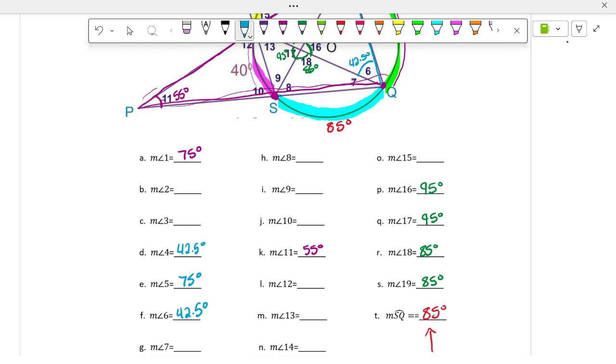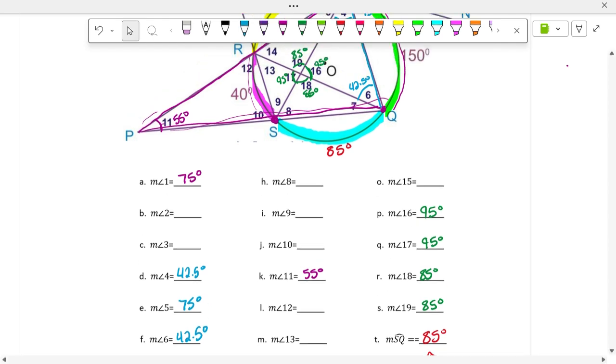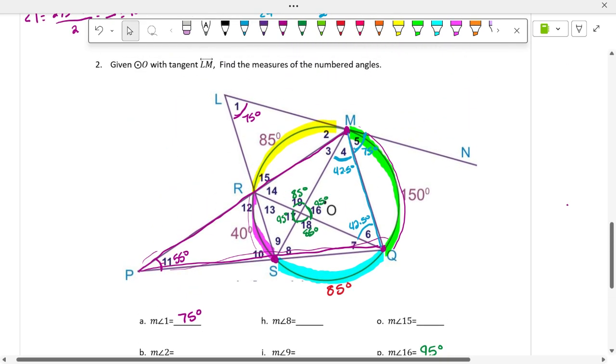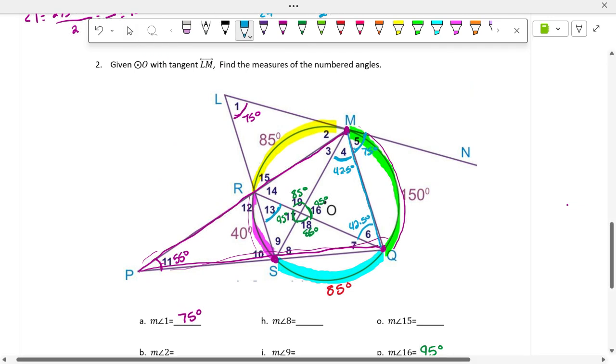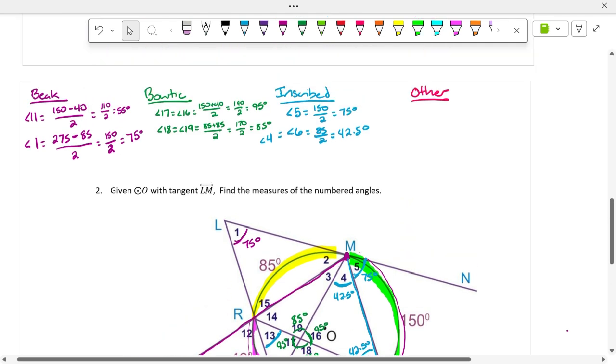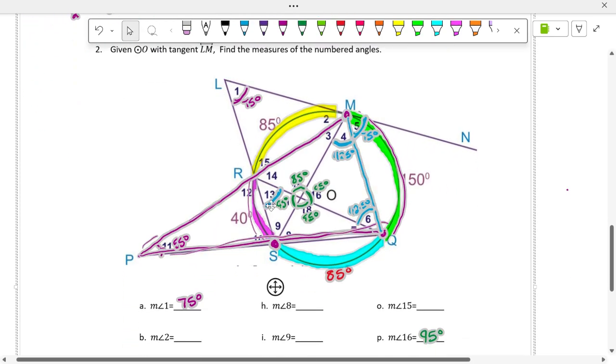All right. What's another inscribed angle? 13 is, yes. Which arc does it intersect? 85. Good. So it'll be the same as 4 and 6. So it'll be 42.5.